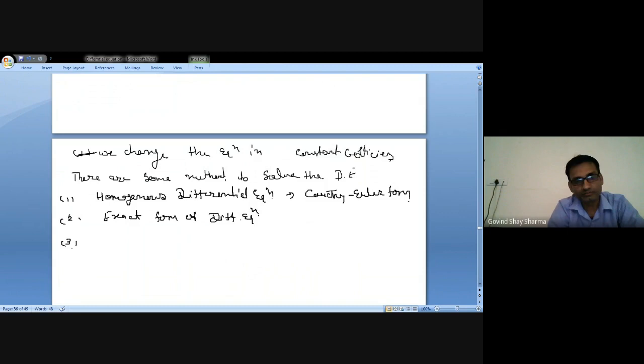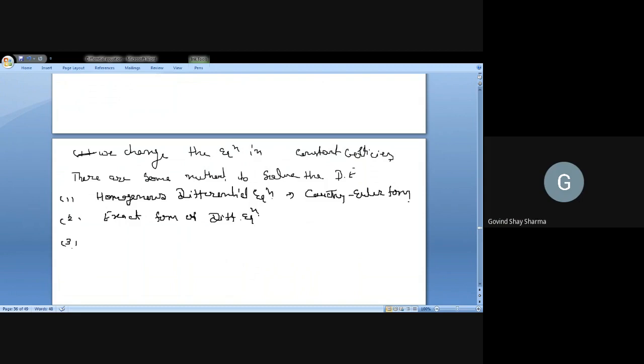Third one is complete solution when one CF solution is known.